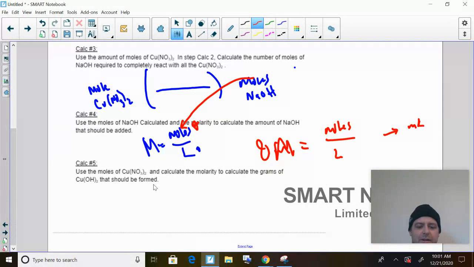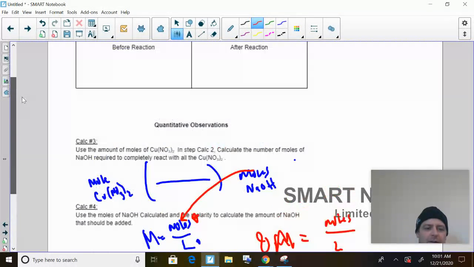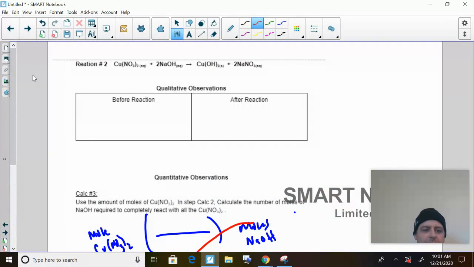And the last thing that we want to do is use the moles of Cu(NO3)2 and calculate. We don't want to calculate the molarity. That's a misprint. We want to calculate the grams of Cu(OH)2 that's formed. It's copper hydroxide because we're going to make a solid. This is a double replacement reaction.